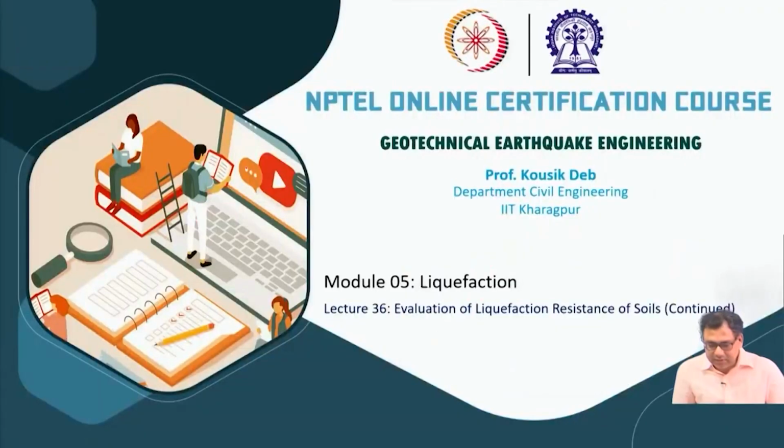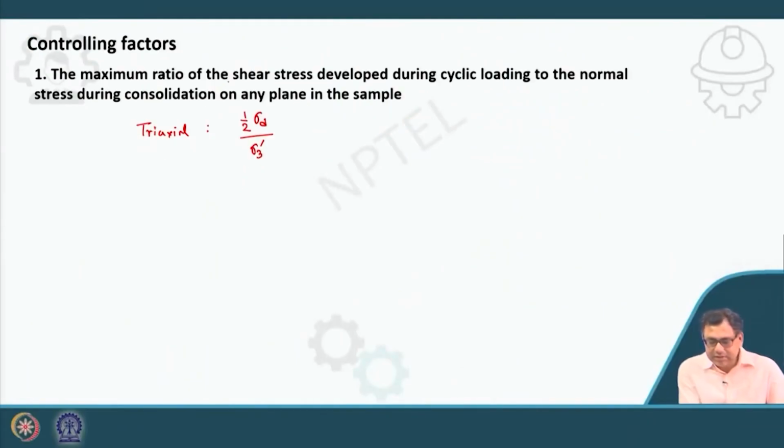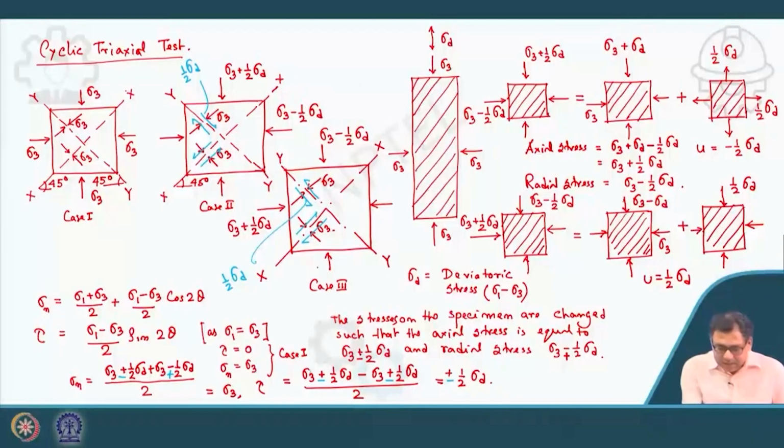This is the shear stress developed during cyclic loading to the normal stress during consolidation on any plane. Why am I taking that plane? Because it gives the maximum ratio. So I am taking the plane where the maximum shear stress is being developed. Clear? On that plane the shear stress developed is half sigma d, and the normal stress during consolidation is sigma 3 dash, because this is the stage during consolidation.